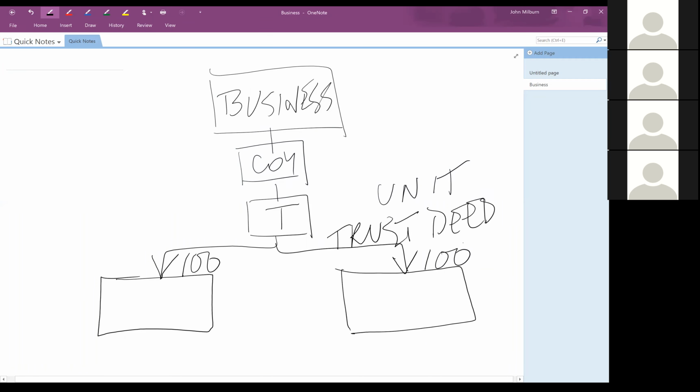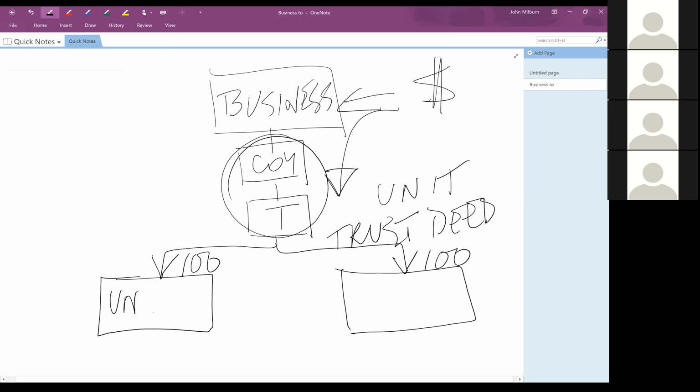The trustee, which is the company, operates the business, generates cash. That cash filters down through the system so that in equal shares, the unit holders receive their entitlement. So that will be unit holder 1, and that's unit holder 2.